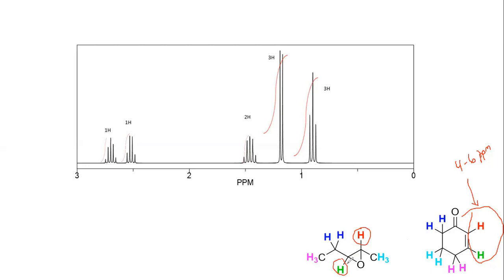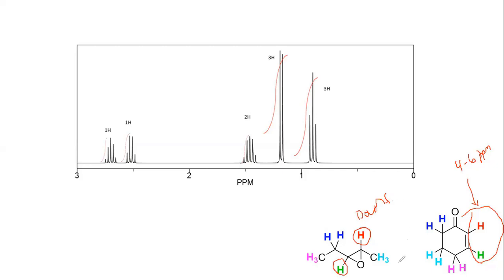It's going to be these two that are furthest downfield. I was talking about the ones you circled the first time. All right, so these are going to be furthest downfield because they are adjacent to oxygen. Everybody okay with that?